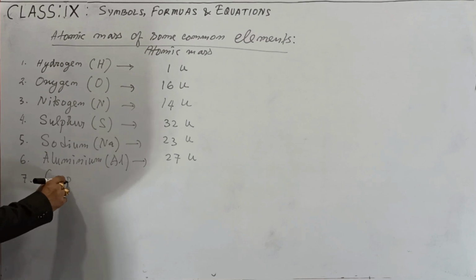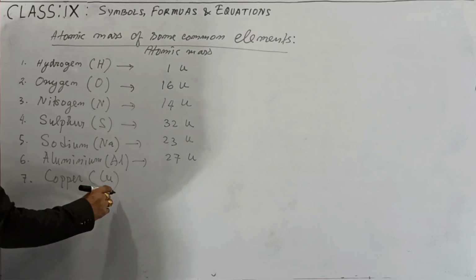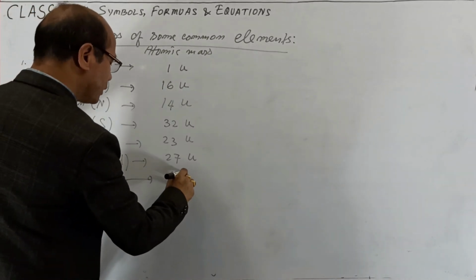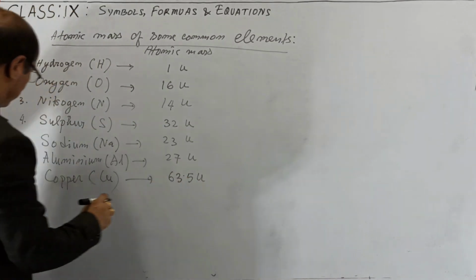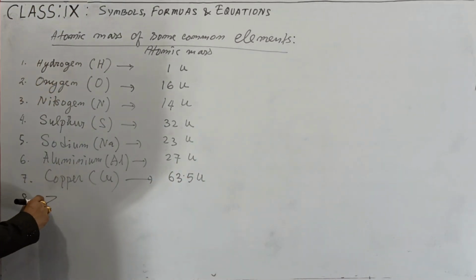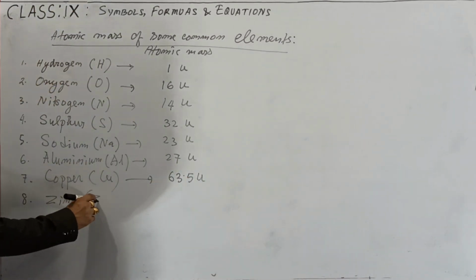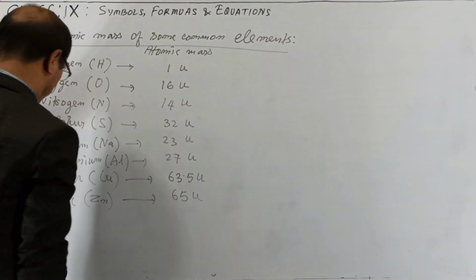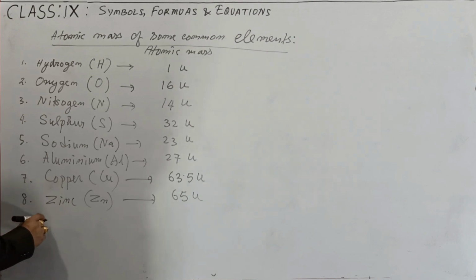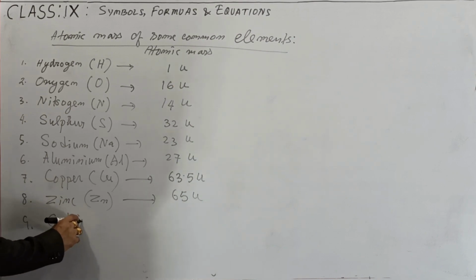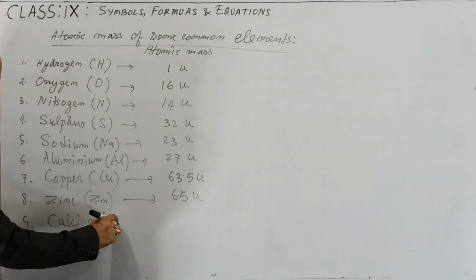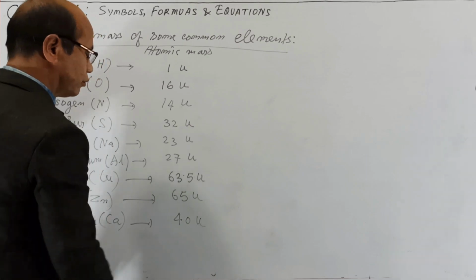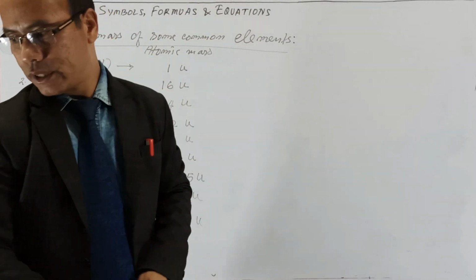Copper, symbol is Cu, atomic mass is 63.5 U. Zinc, symbol is Zn, 65 U. Calcium, symbol is Ca, 40 U. Let us continue.